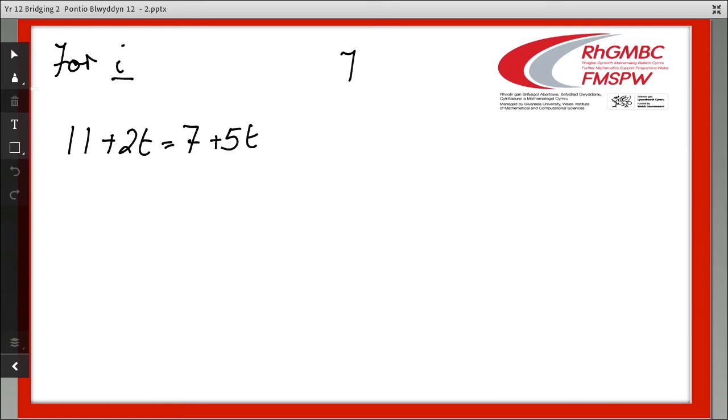And if we do the same thing for j, again I'm indicating that it's a vector component, hence I've underlined the j, same as I've underlined the i. So for the j component, that is 6 plus 7t, and that equals 10 plus 4t.